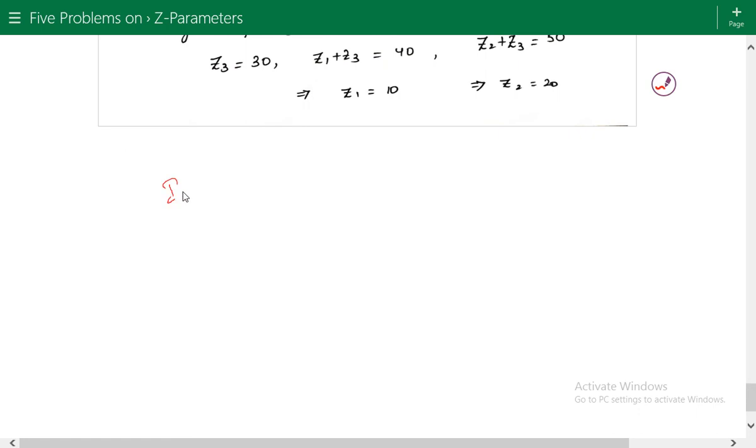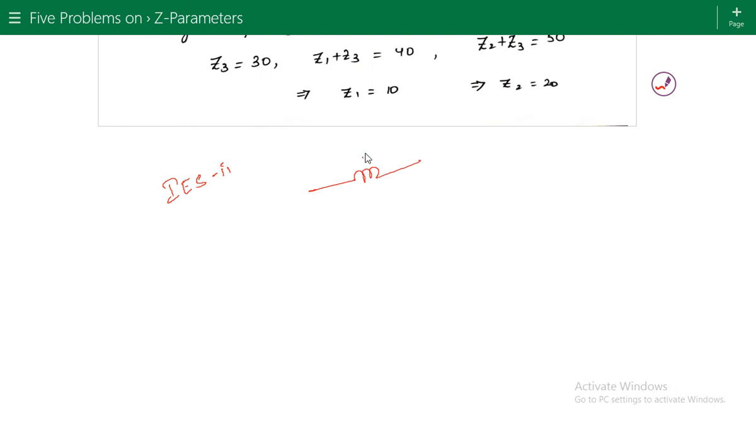This is an IES 2011 question. They have given the network in this way: 2 henry, 4 ohms, 1 farad. They were asking to find the value of a voltage transfer function.